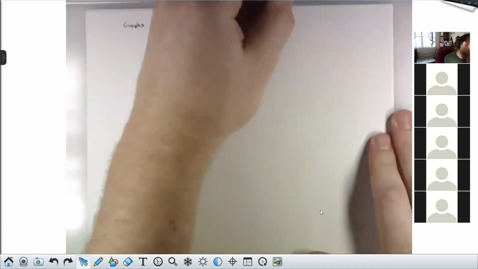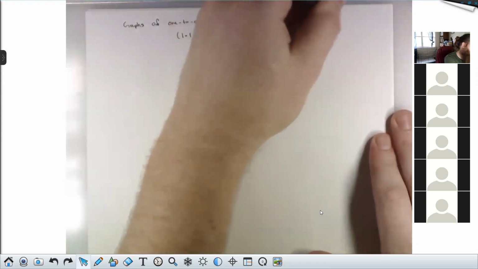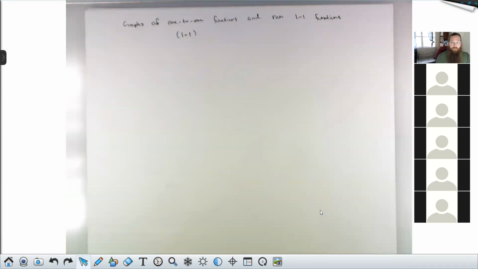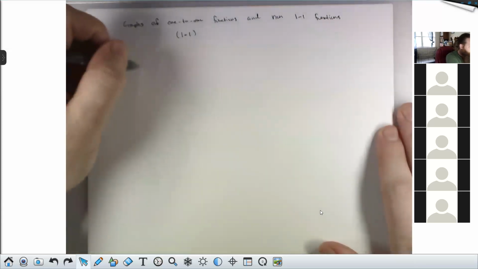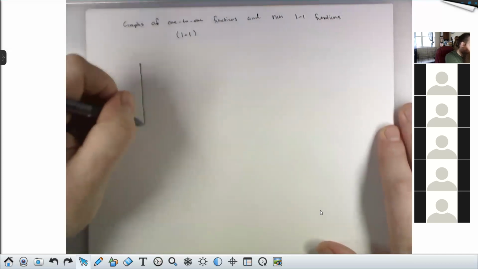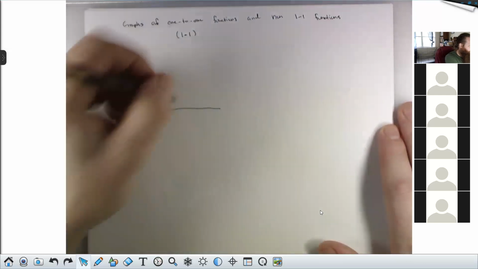There's another word for one-to-one, by the way, you may see it in your textbook or other places, called injective. It's actually easier to look at this in the negative than in the positive.